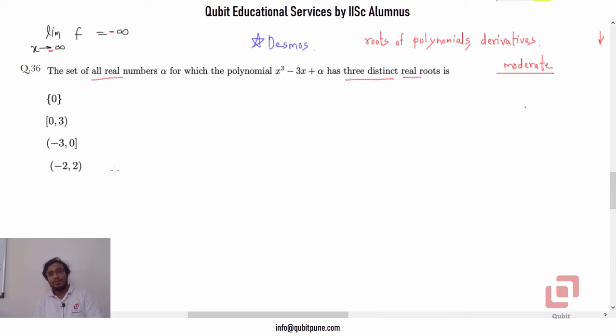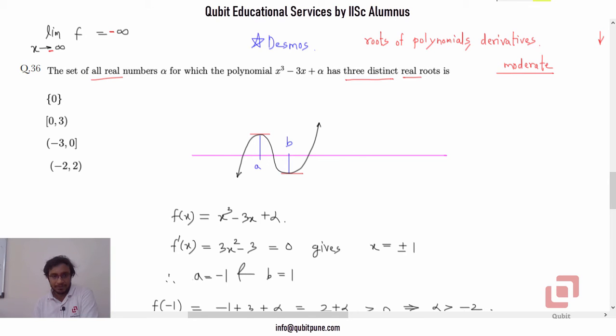So if I visualize how the graph of this particular polynomial is going to look, it should be something like this. Suppose the pink line is our x-axis. Because of these limits, we are sure that as you go from left to right, the values of the function are in general found to be increasing. That means we won't be having a polynomial like this, which increases in this way and decreases.